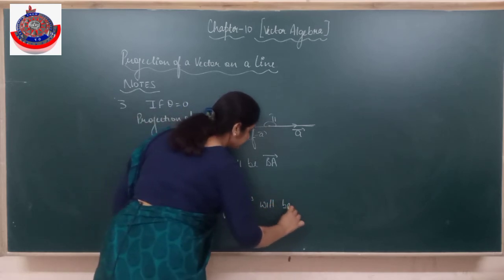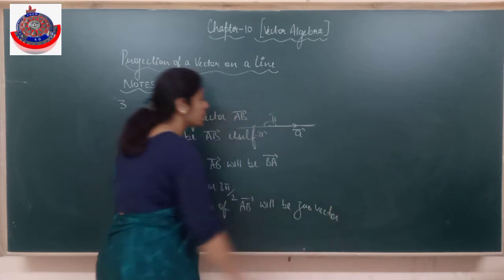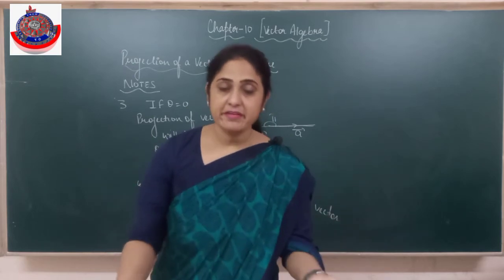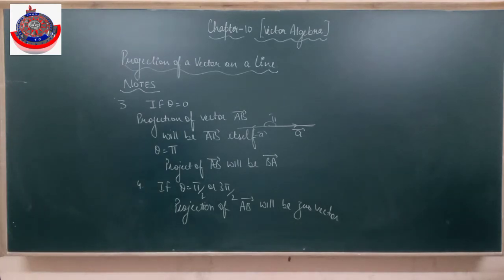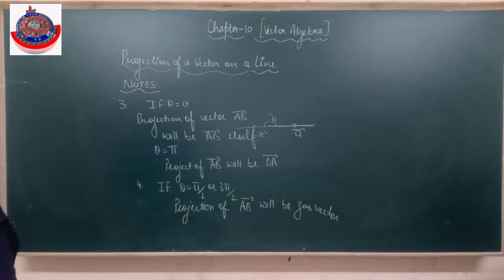There will be no projection, since they are perpendicular, so it will not cover any length on the given vector. Is this clear to everyone? I hope projection is clear to everyone. Alright, so if theta is 0, this is the condition. If theta is pi by 2 or 3 pi by 2, this will be the condition.